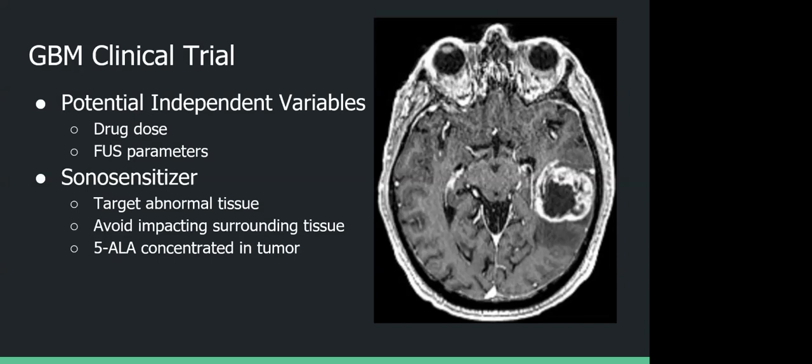We can look at the change in the ultrasound parameters, or we can change the drug. We were looking at all the different sensitizers. What we really want is one that targets purely the abnormal tissue. We don't want to impact the surrounding tissue, because you're tunneling down and there's healthy tissue above the tumor. So really 5-ALA is the one that works for this, because it concentrates in the tumor.